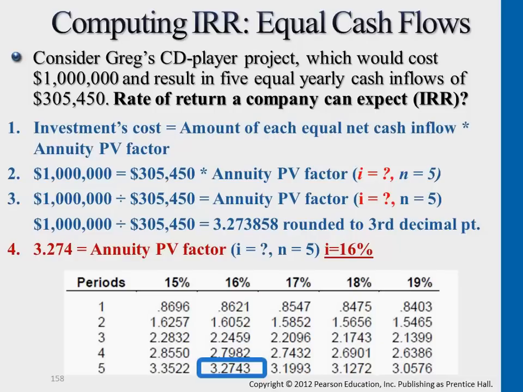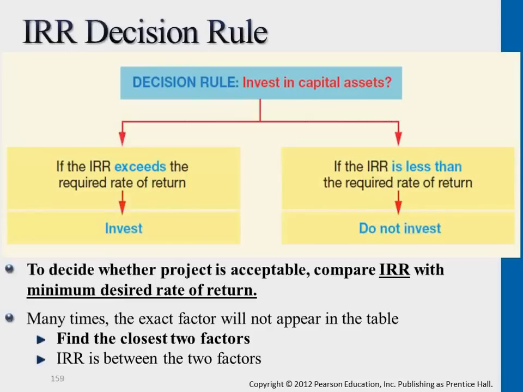So the conclusion you get from both of these methods should be the same. Okay, all right, so I basically summed this up already. The decision rule is to compare the IRR against whatever rate the company is desiring.